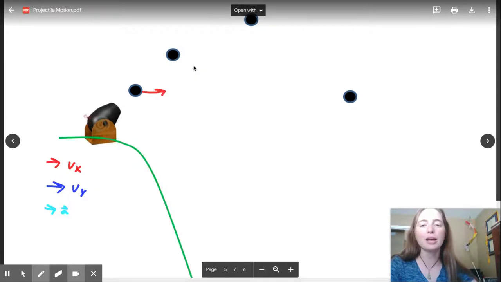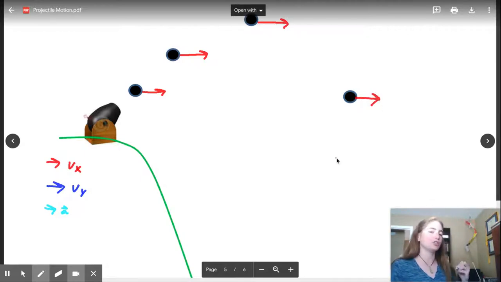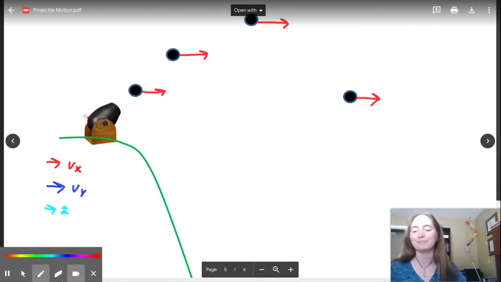So these red arrows, your Vx, the horizontal component of that velocity, is going to be constant. It's going to be the same size because we are not taking into account air resistance. That's beyond the curriculum of Physics 20.